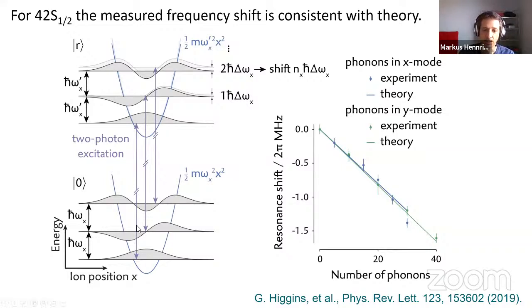And if we prepare different Fock states, we actually see that depending on the Fock state, our resonance will shift slightly. And by that, you know how much the trapping frequency of your Rydberg state is different from the ground state. In this experiment with 42S, we had on the order of 40 kilohertz per phonon. This is what you would expect also from theory, from the polarizability of your Rydberg state.